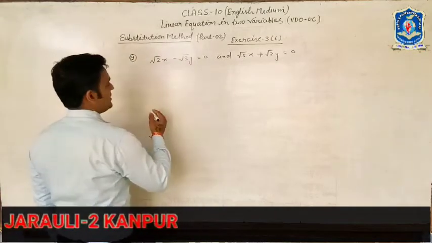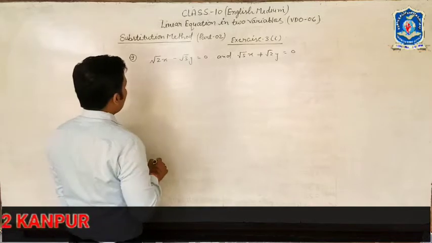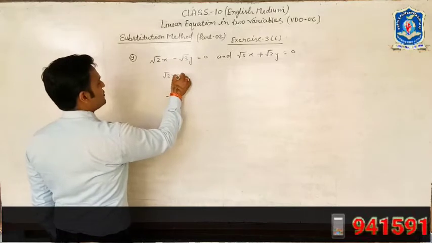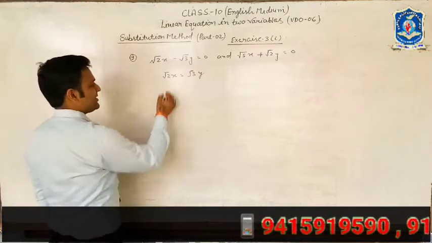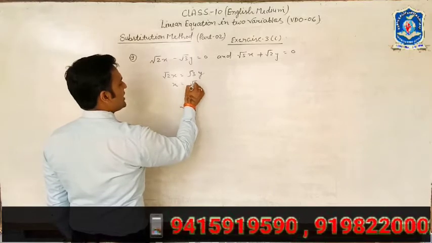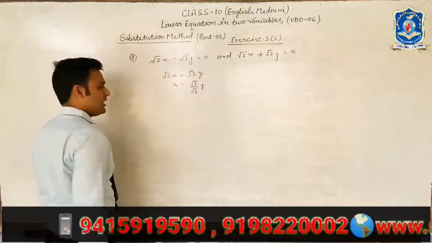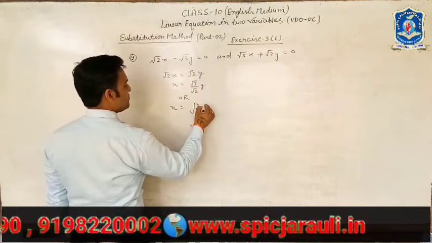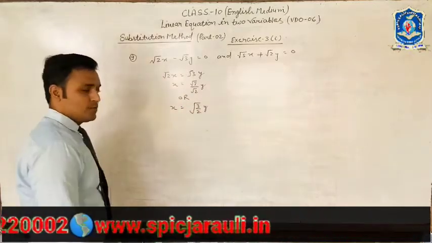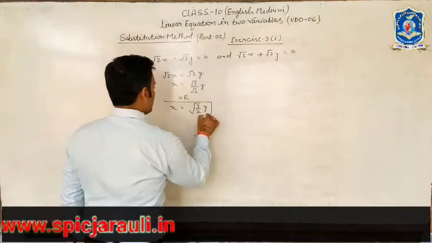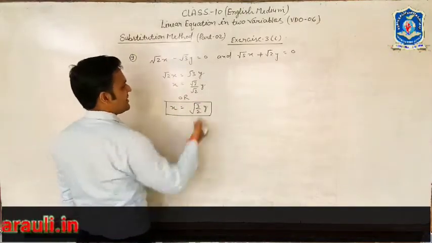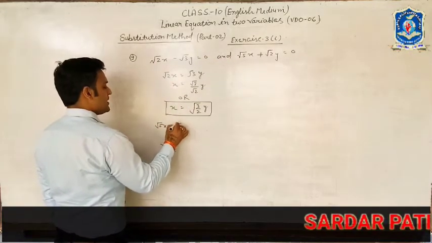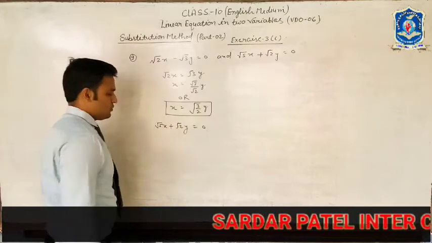In the first equation, I substitute the value of x, then root 2x is equals to root 3y, so x is equals to root 3 upon root 2 y, or x is equals to root 3 by 2 y. Now I am putting the value of x in equation second, and your second equation is root 5x plus root 2y is equals to 0.